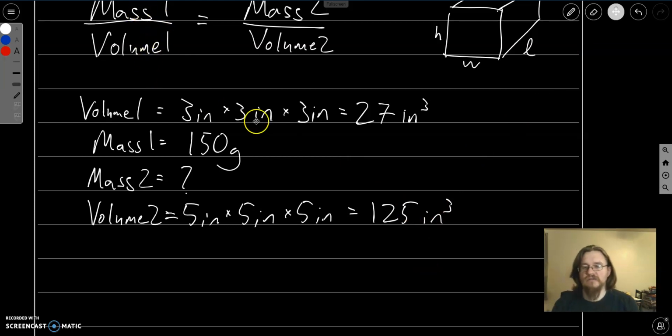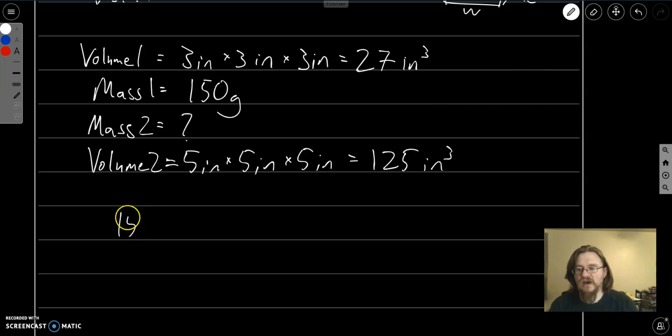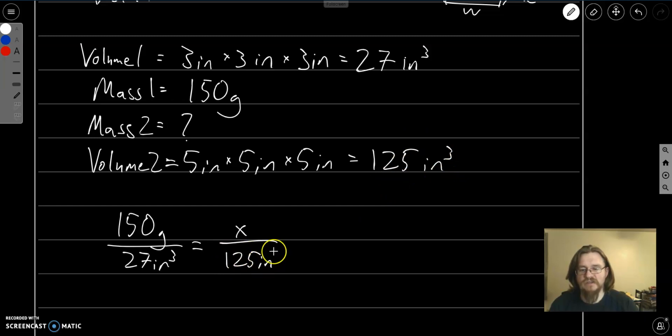So mass and volume for the first one is going to be 150 grams per 27 inches cubed. And this is going to be equal to some unknown amount of grams, I might as well call it X, divided by 125 inches cubed.